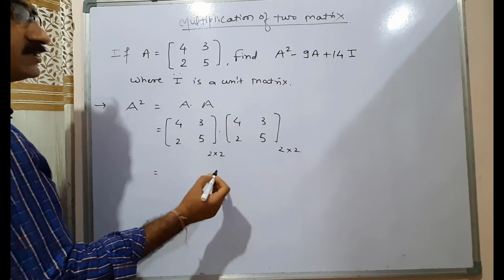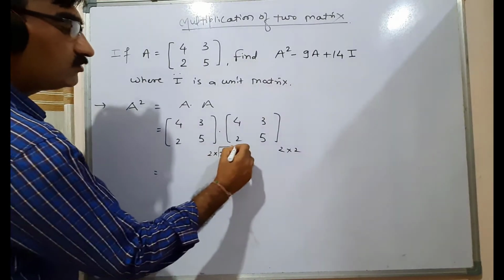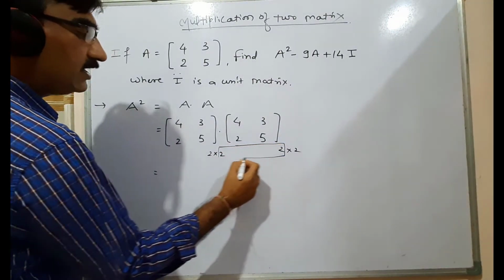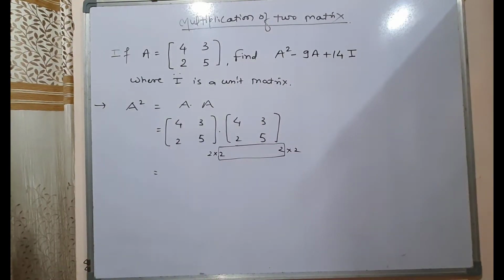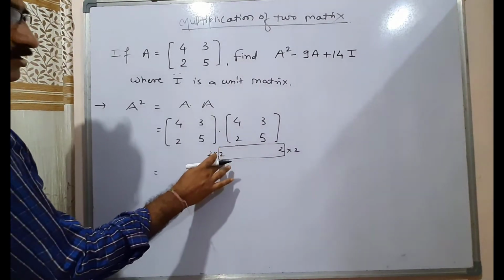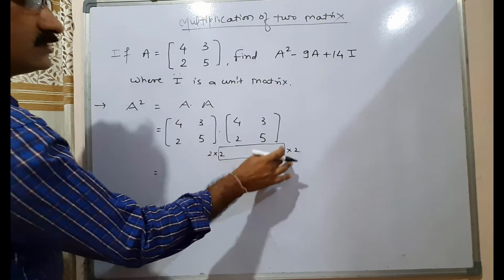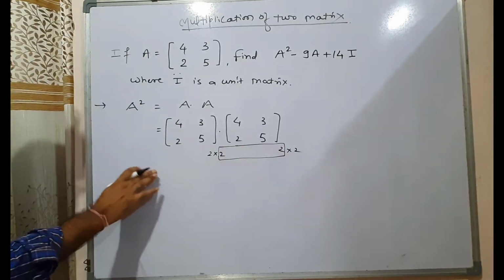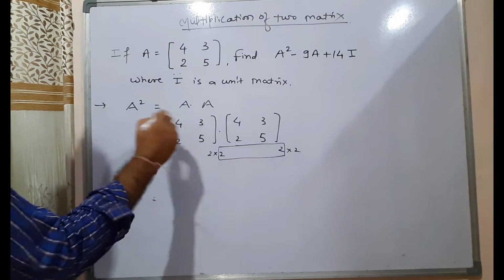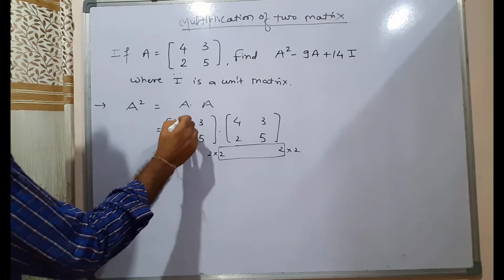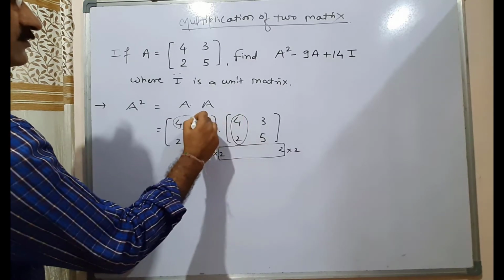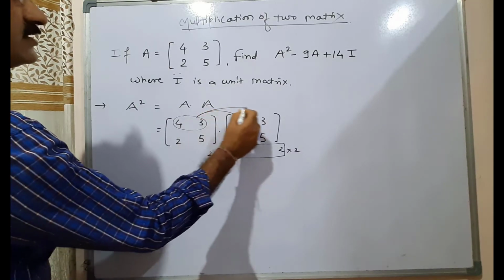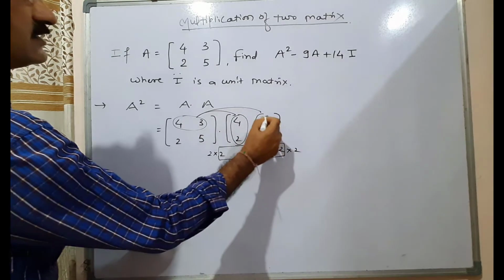When the multiplication is possible, the number of columns of the first matrix is matched with the number of rows of the other matrix. So how do you take the multiplication? This is the first row with first column, and then again the first row with second column.